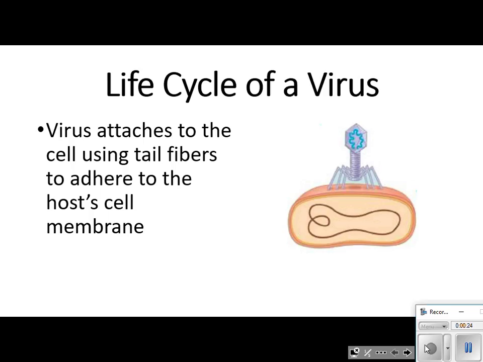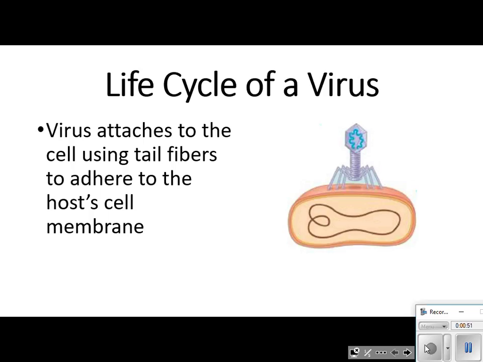So, here we go with our life cycle. On your line there where it says number 1, you should write what is on this slide right here. The virus attaches to the cell using tail fibers to adhere to the host cell's membrane.